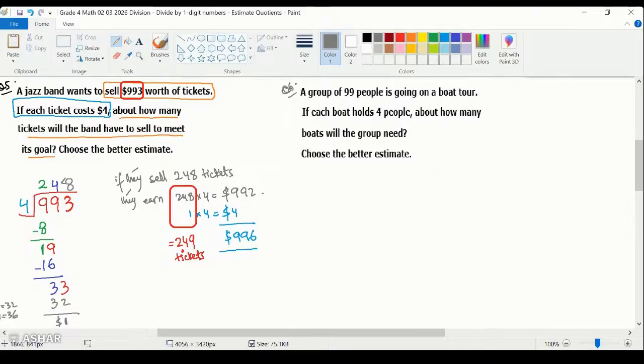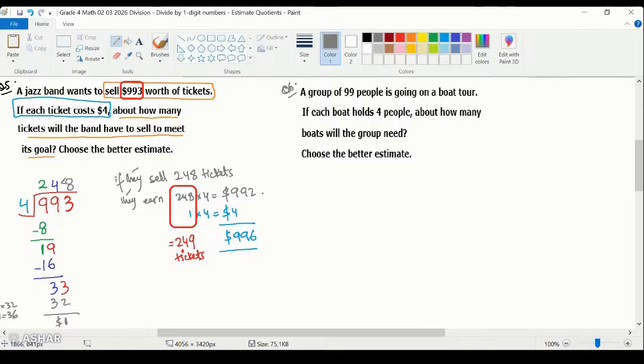Inspiration, focus over here. Okay. See, there are 99 people who are planning to go on a boat. If each boat will hold 4 people, how many boats will the group need, right?